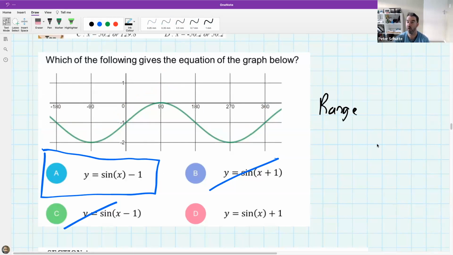I'm talking about its y values. Who has some answers for me?